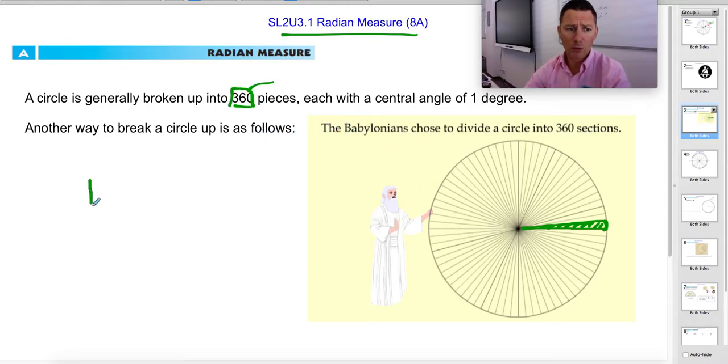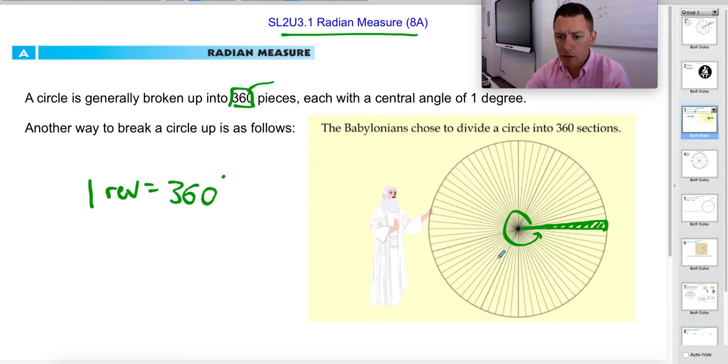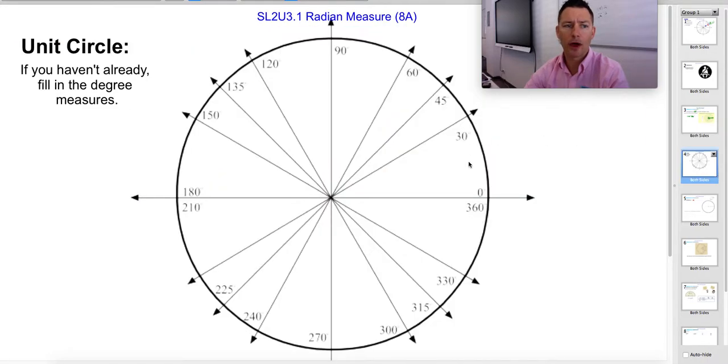So in one full spin of the circle, if you go all the way around, so one revolution, there's 360 of these pieces that have an angle. They subtend an angle of 1 degree. Fine. So if you haven't already, hopefully you can put these into your unit circle.